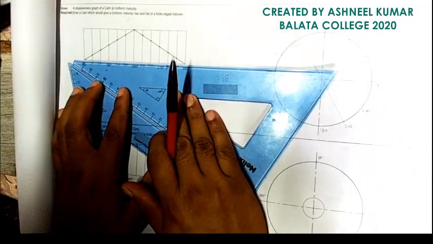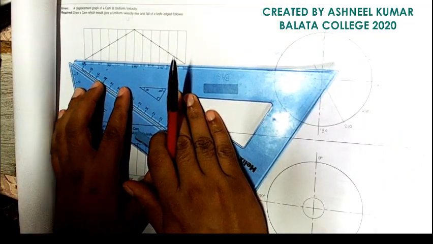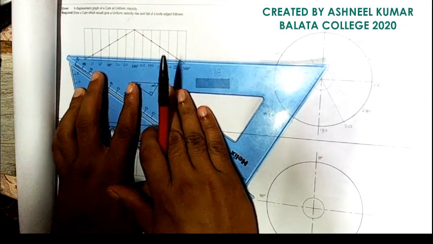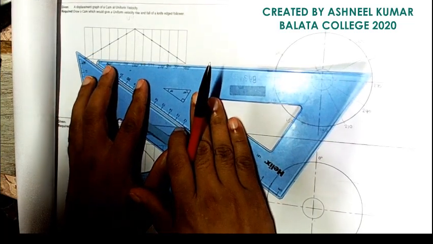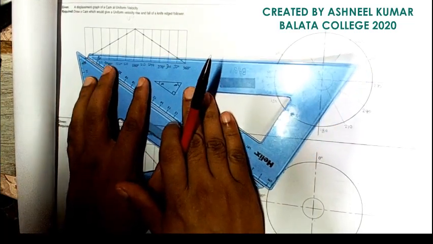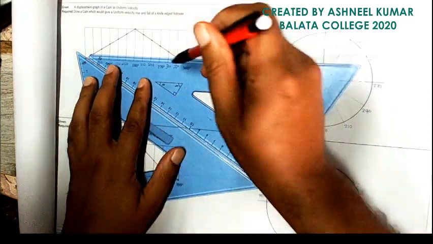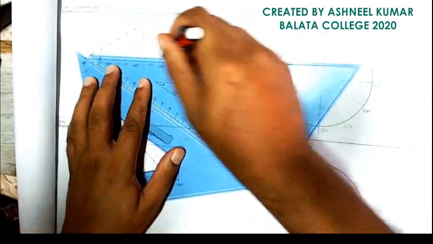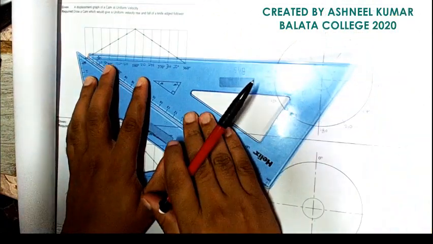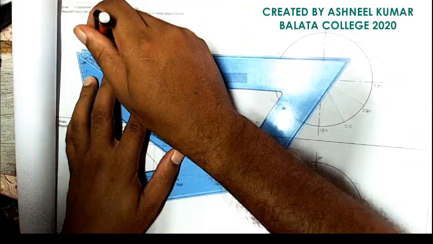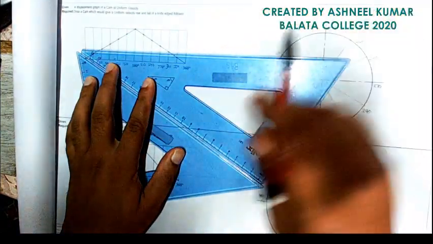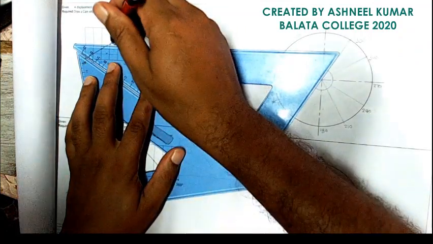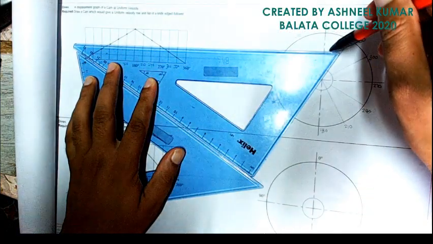So I take it parallel to that line there, go to the first point, make sure that 2 points are in a line, then you extend it across. Go to the next point, so in the similar manner I'm going to take all the points across.